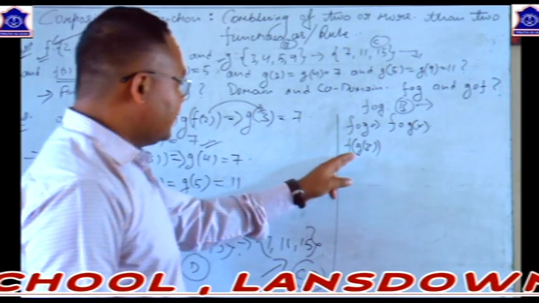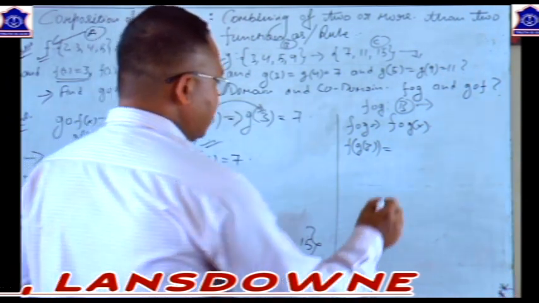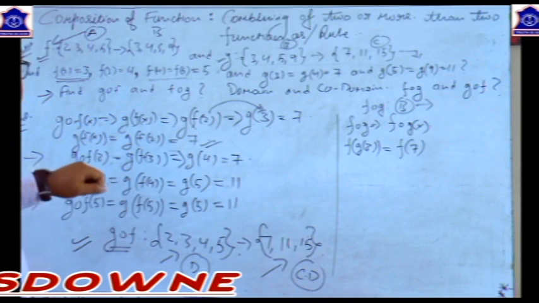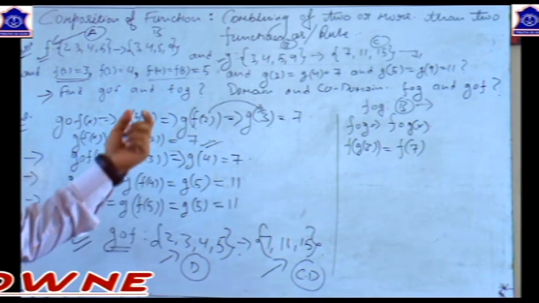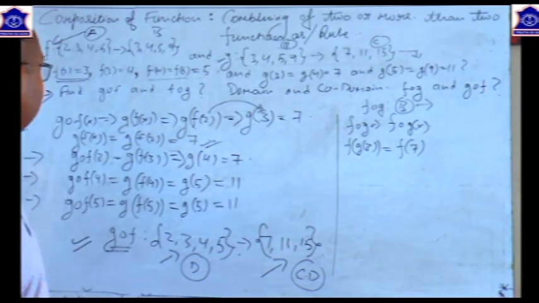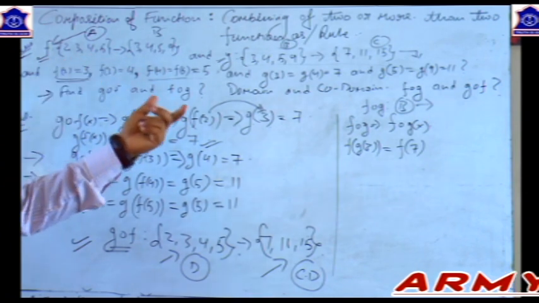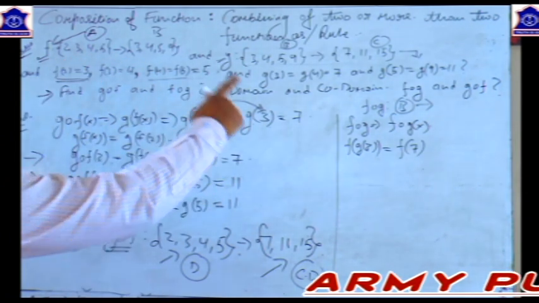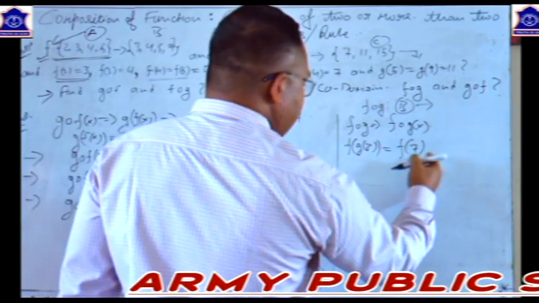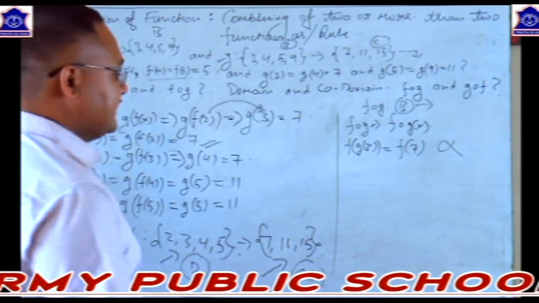Okay, so the domain is known, and what its codomain will be, we are going to check here. So the value of g(3) and g(4) is 7, so f of 7, and the value of f(7) should be given somewhere here, but the value of f(7) is not mentioned, it is not given in the question, which means that f(7) does not exist. And obviously f(7) does not exist because 7 is not an element of the domain of the f function, which means that this composition is not valid, or this composition cannot exist.